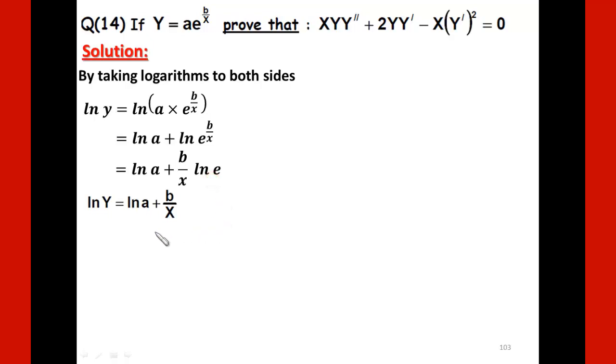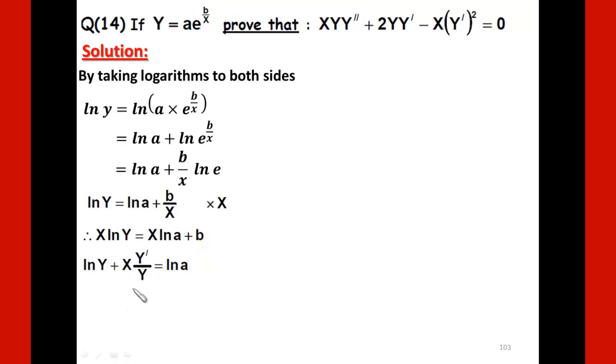So the result will be ln y equals ln a plus b over x. Multiplying by x to get rid of x from the denominator, we get x ln y equals x ln a plus b. X multiply b over x equals b.